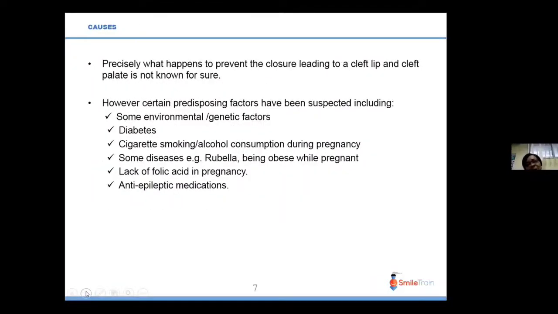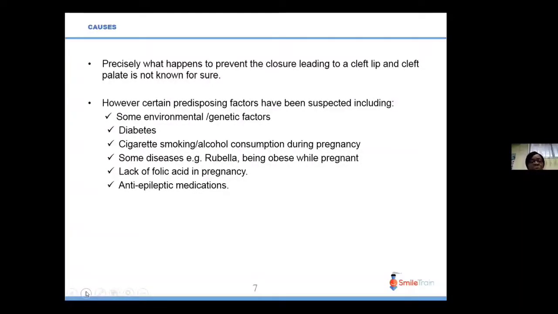What are the causes of this condition? The cause is not known, but there could be certain conditions that predispose the mother to have a baby with this condition that we call cleft lip and palate deformity.